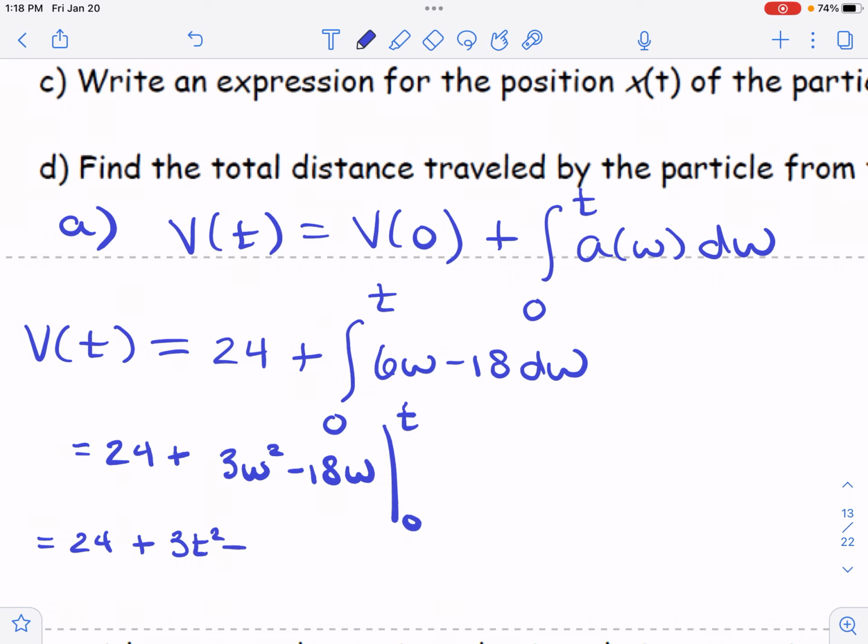And plugging in 0, of course, makes the w 0, so I didn't even bother. And I've got my velocity function. V of t is equal to, in a more standard form, 3t squared minus 18t plus 24.